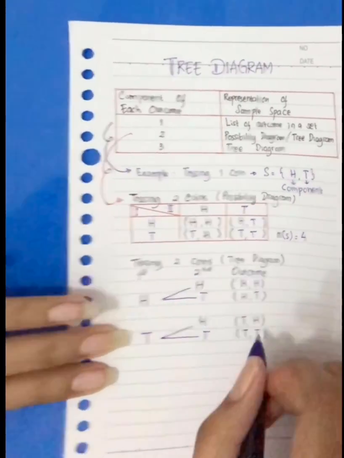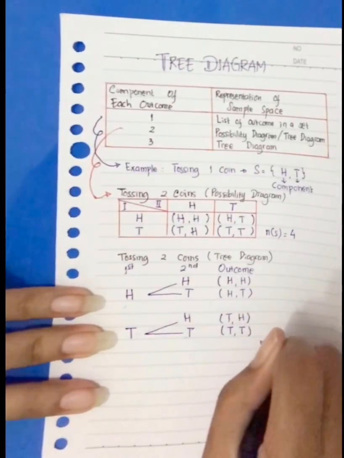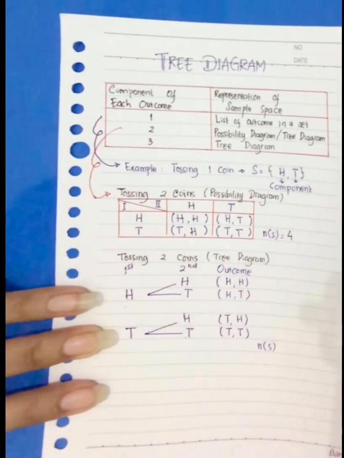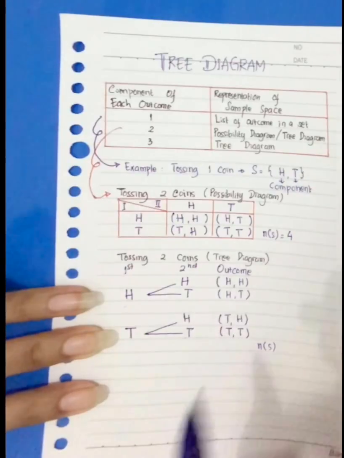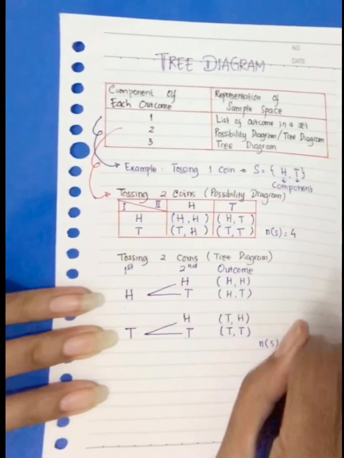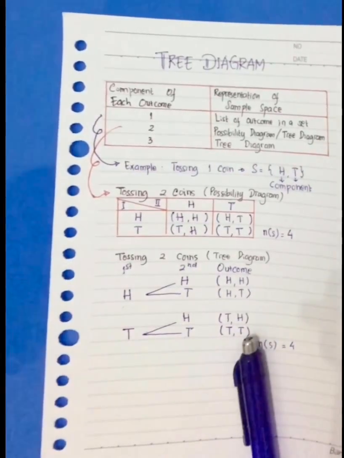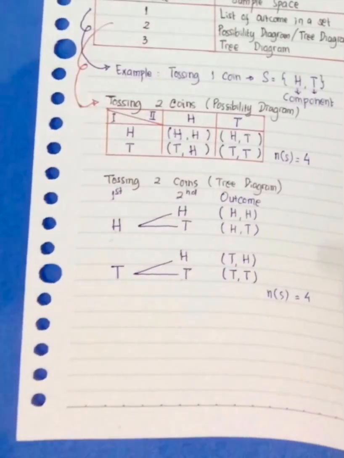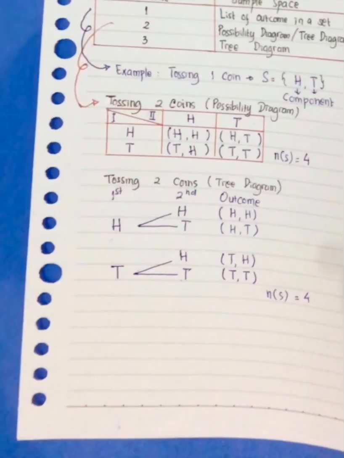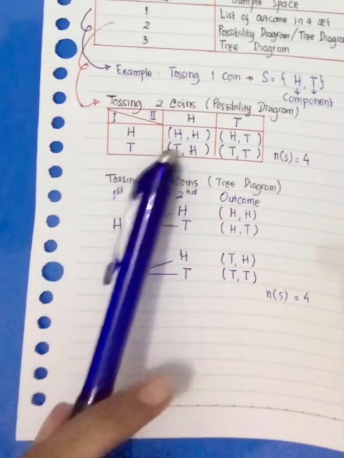Just the same as here, we can see that the number of possible outcomes is 1, 2, 3, 4, equals 4. That's if we just have two components. Now what if we have three components? Is it possible for us to write the sample space by using a possibility diagram?